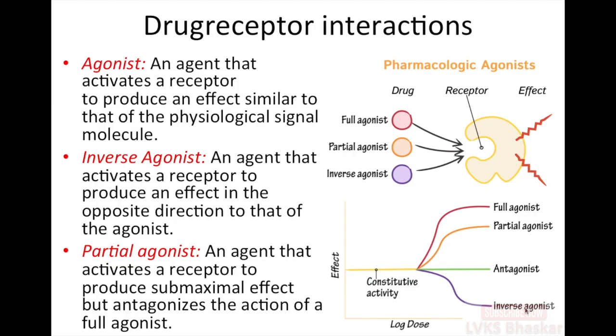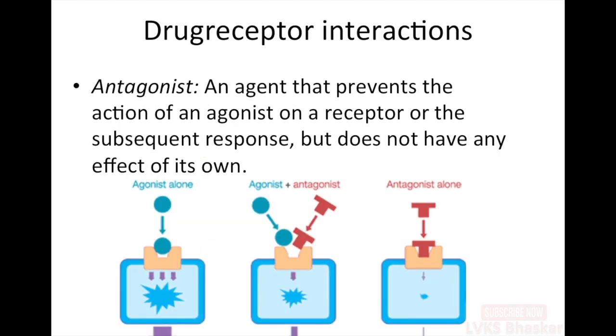A partial agonist is an agent that activates the receptor to produce a submaximal effect but antagonizes the action of the full agonist. An antagonist is an agent that prevents the action of an agonist on a receptor or a subsequent response but does not have any effect on its own.